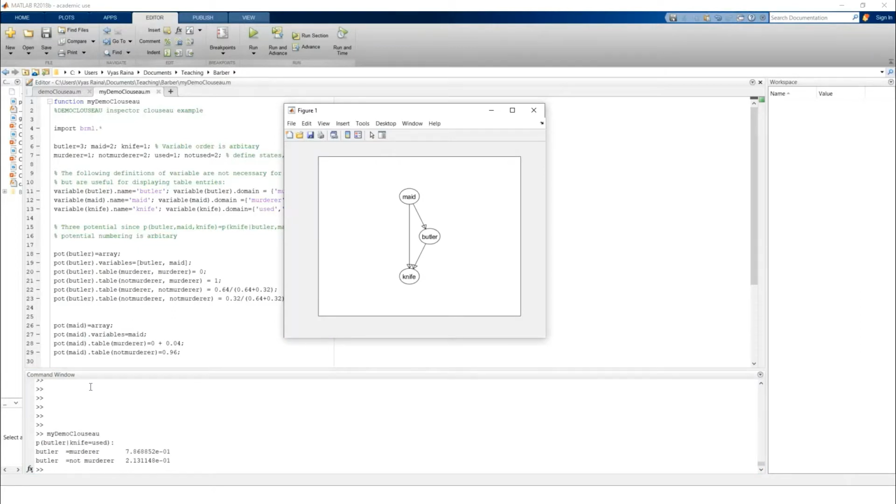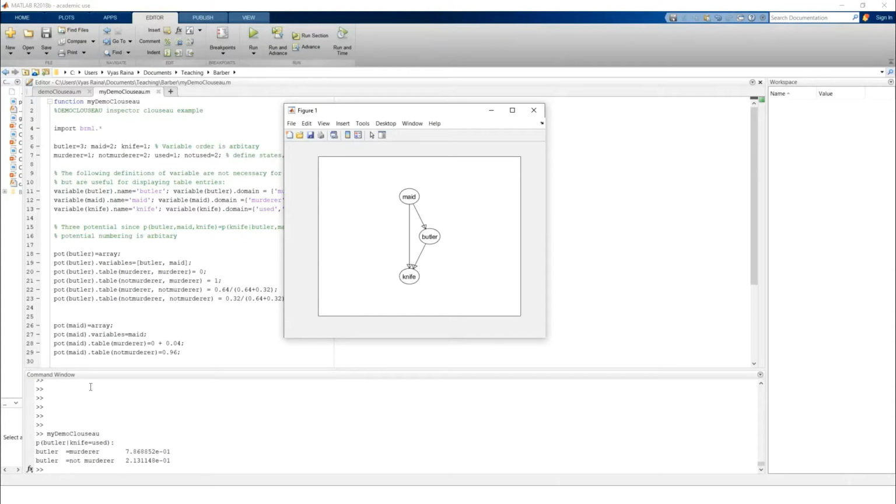And voila! It's given us the probability of the butler being the murderer, given that knife equals used, is 7.868852 times 10 to the minus 1, which is 0.787 approximately, exactly as we had predicted.